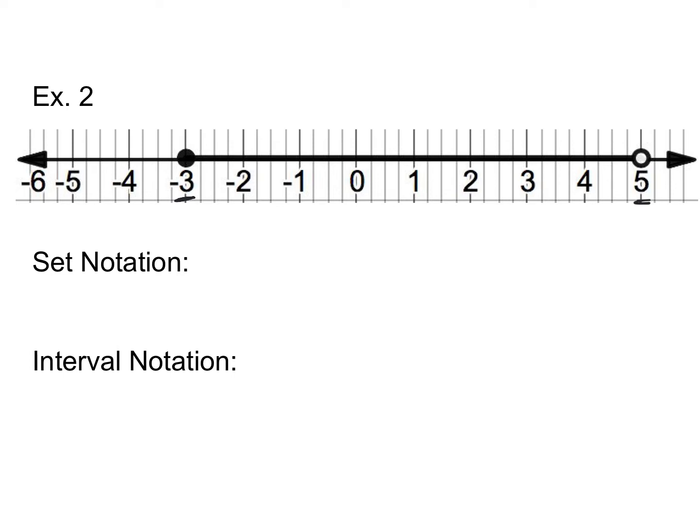So for this one, our solution set is still going to be the set of x values where -3 is less than or equal to x and x is less than 5.